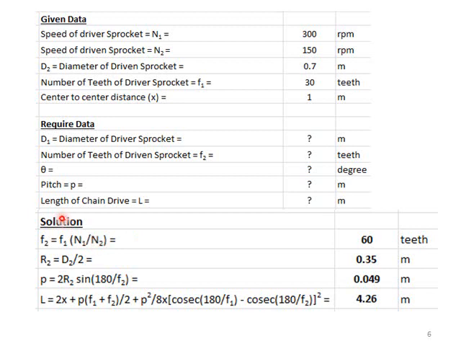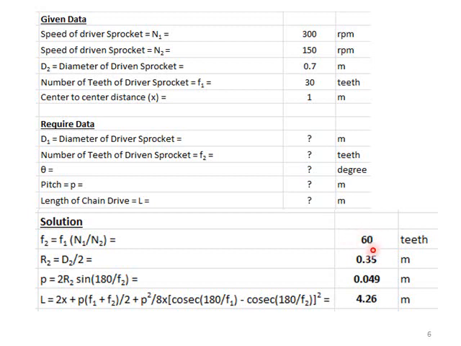To solve this problem, first we have to use the relationship between number of teeth and RPM. F1 is known, N1 is known, N2 is known. Then we can keep F2 on one side and take the other variables to the other side, and then we can easily calculate the number of teeth of the driven sprocket, which comes out equal to 60. So the number of teeth of driven sprocket is 60.